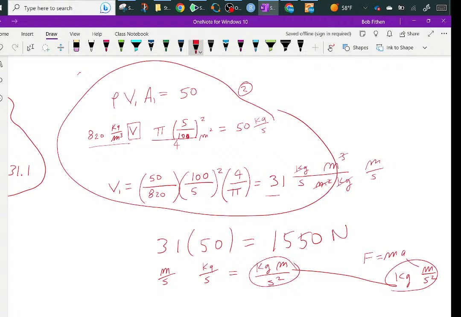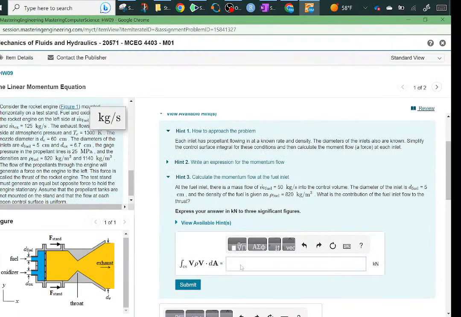And so that's Newton. Okay, so we're all good. And he wanted it in kilonewtons. That's not going to work.